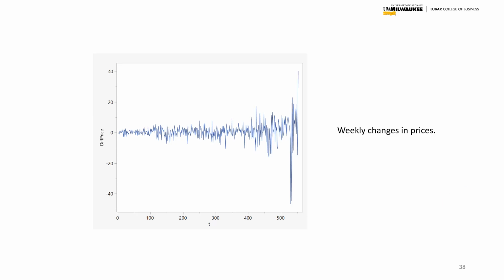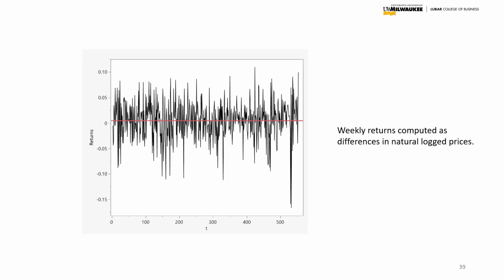So let's change our units to percentage changes. What I have done was take the natural log of the Apple prices and then take the differences. And this gives us percentage changes in weekly Apple prices. Or, as I've used the term in a previous lecture, the weekly returns.